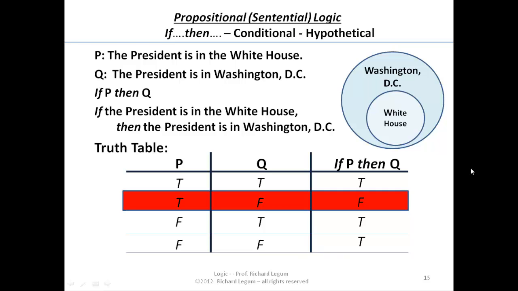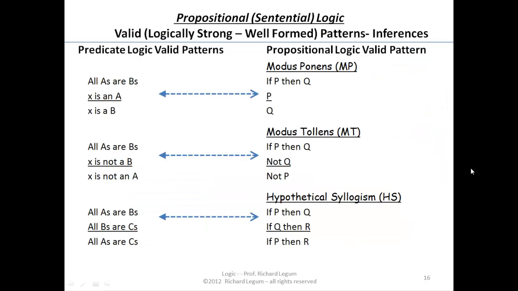And what we're going to see is this is going to help us see how the inferences using if-then, the valid inferences, the good inferences, are going to work. And to just give you an idea about where we're going with this, if we take a look at the predicate logic valid patterns on the left, we saw all A's are B's, X is an A, therefore X is a B. I hope we're all familiar with this by this time.